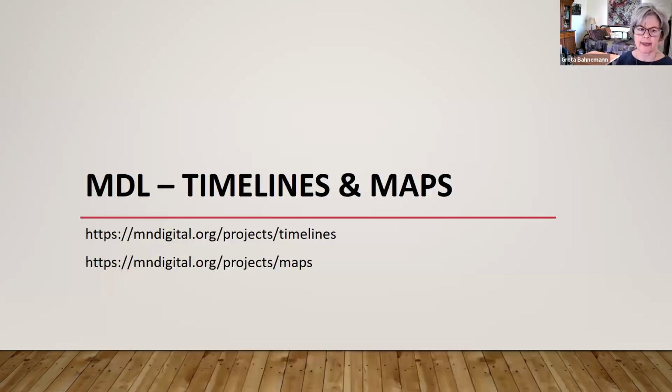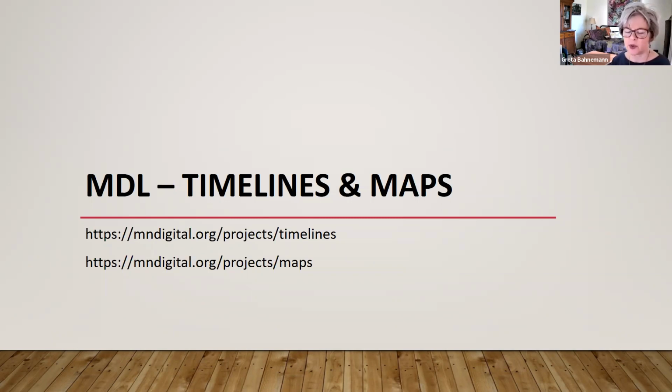All right, and I'm now going to speak briefly about some other projects that Stephanie Hess has been working on. We've been so lucky to have her as a project assistant, and she has created an array of materials, including exhibits, primary source sets, and a number of maps and timelines for the Minnesota Digital Library.